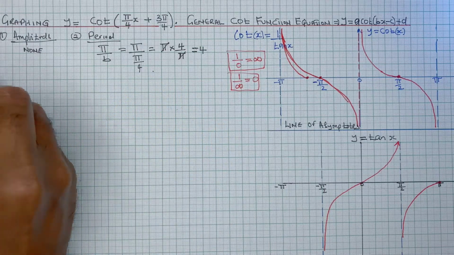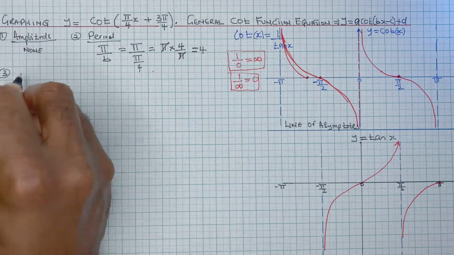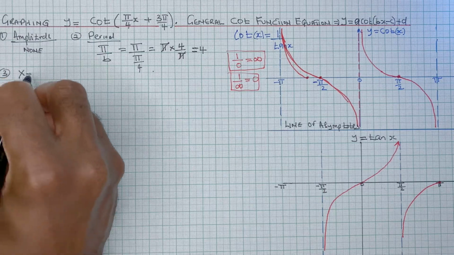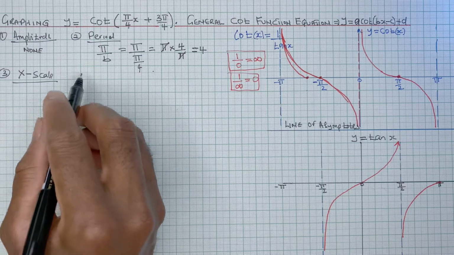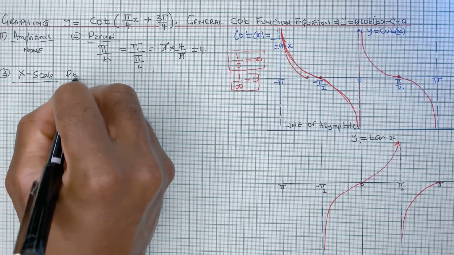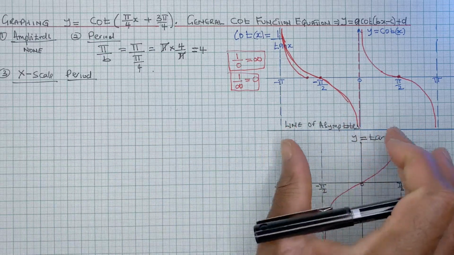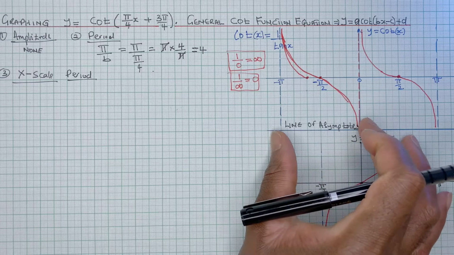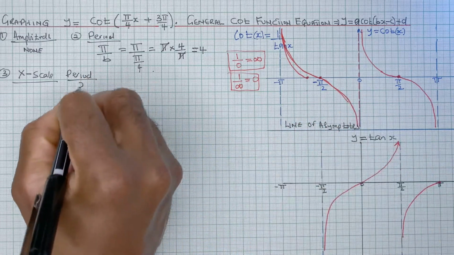Number 3 is going to be the x scale. The x scale is going to be the period over 2, because in every period you've got 2 lines of asymptote. So you divide it by 2.